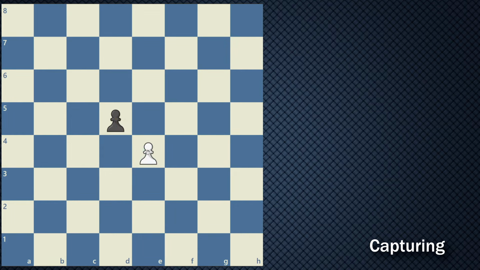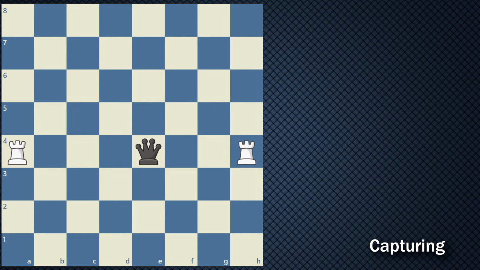In this example right here, if this pawn on e wants to capture d5 right here, we'll write down lowercase e because we know that it's on this file right here, lowercase x for capture, and then lowercase d5 for the square that it's moving to.